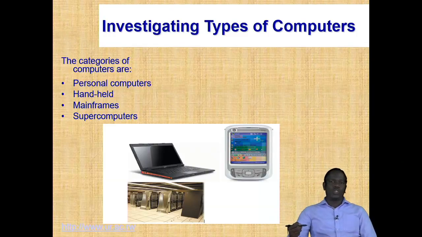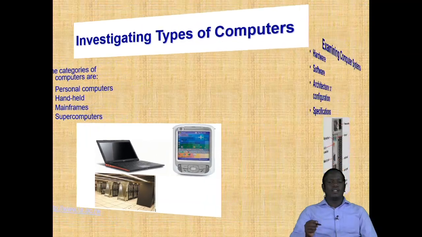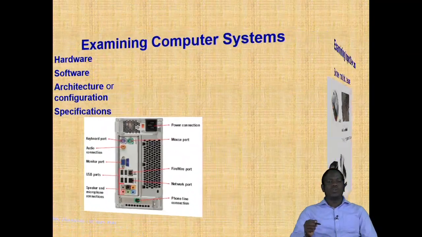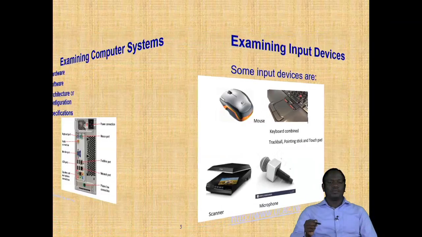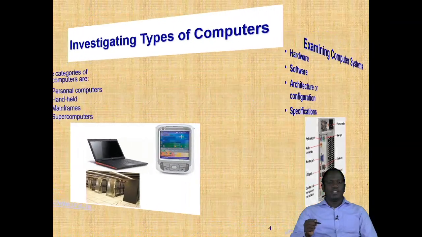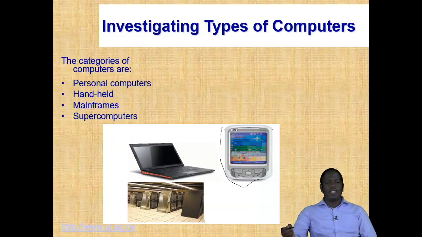Laptops include what we call notebooks, tablet PCs, and also desktops. As handheld computers, we have a PDA, personal digital assistant, as you can see here on the image. And also the laptops, as you can see here, this is one we call a laptop. And for the supercomputers, we have here mainframes.